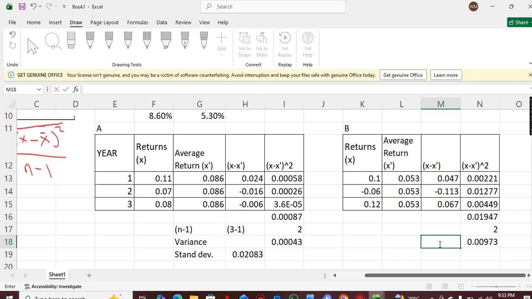Then to get the standard deviation, you take the square root of the variance.